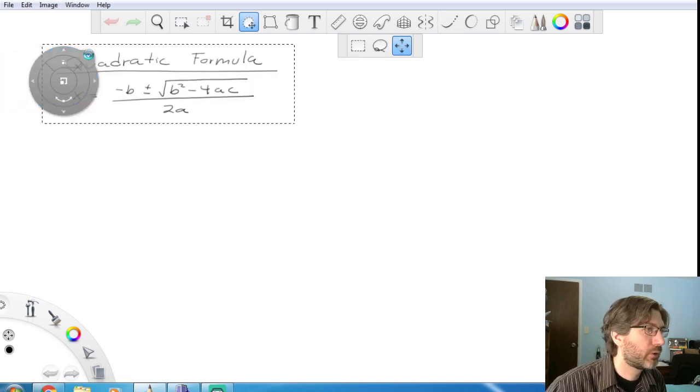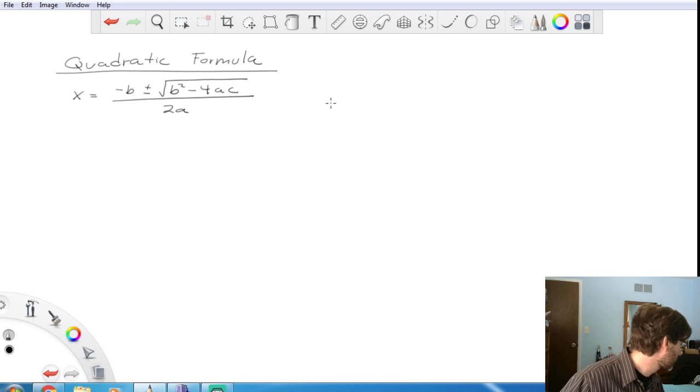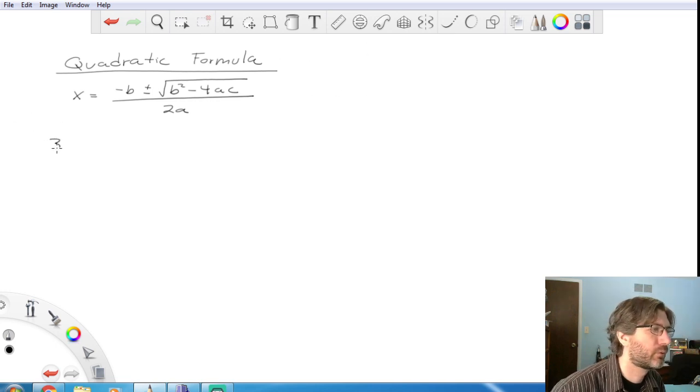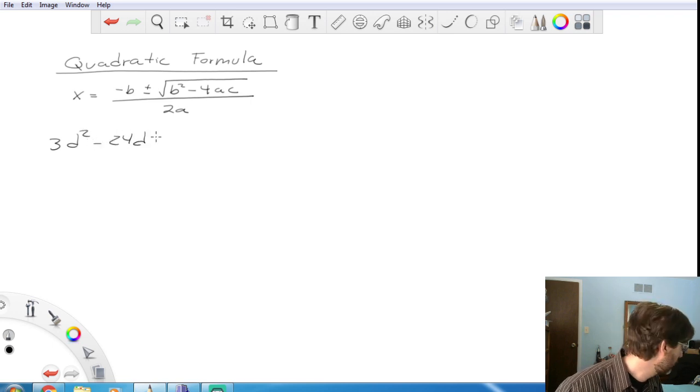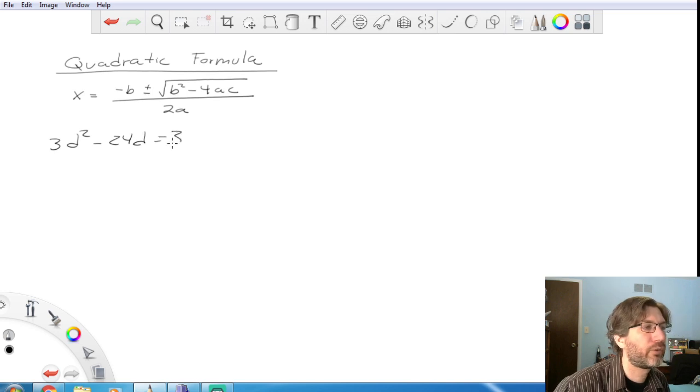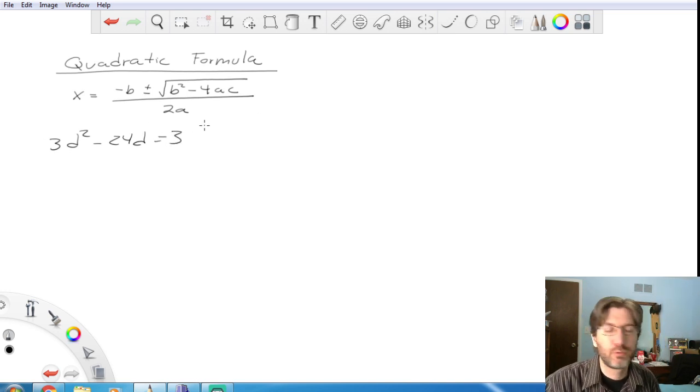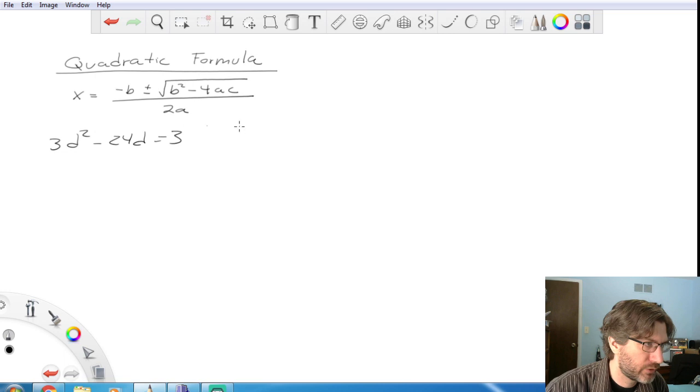Again, there's your quadratic formula. Let's do 3d squared minus 24d equals 3. In this case, I have to move my 3 over to get the equal to 0, but again, you still want to set it equal to 0 before you plug into your quadratic formula.